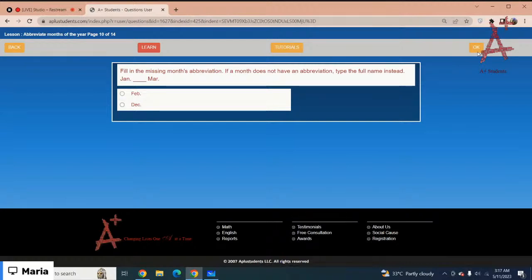Which is the month between January and March? Yes, it would be February, between January and March.